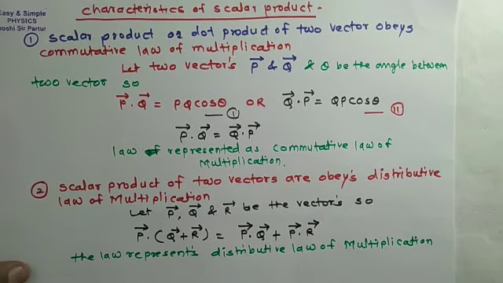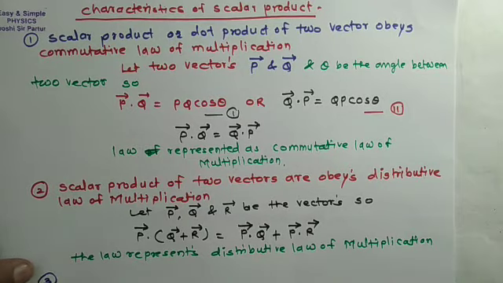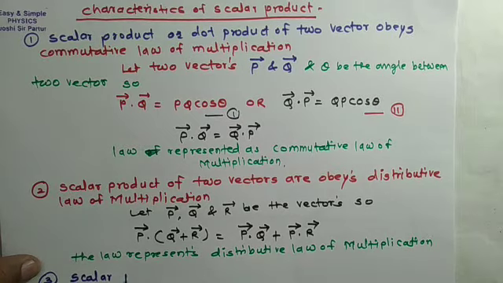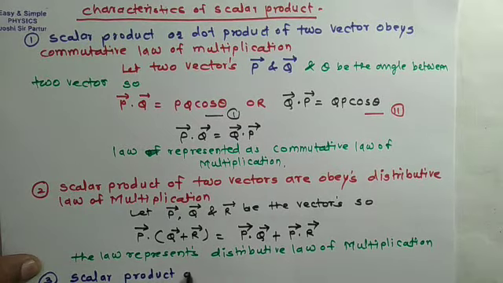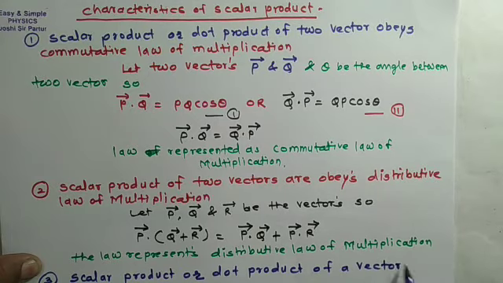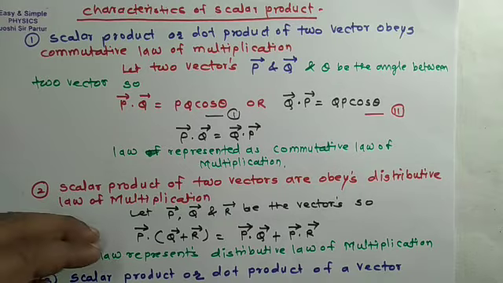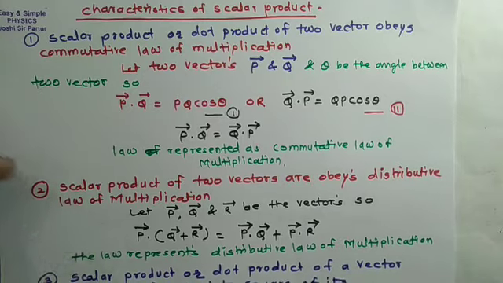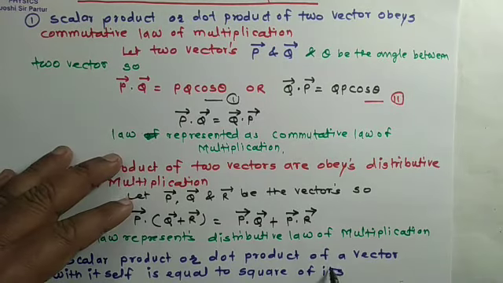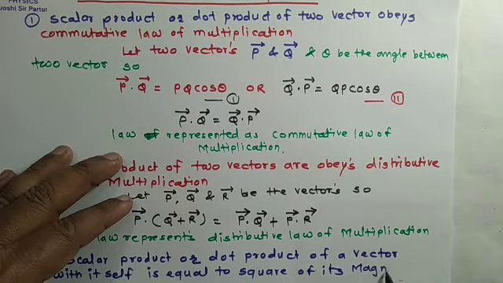The third characteristic is that the scalar product or dot product of a vector with itself is equal to the square of its magnitude.